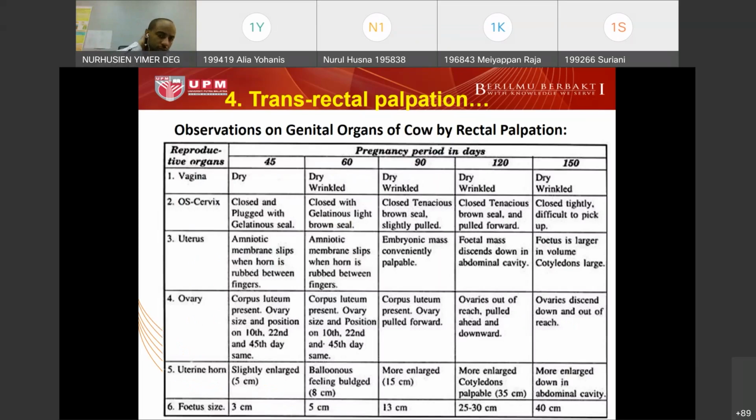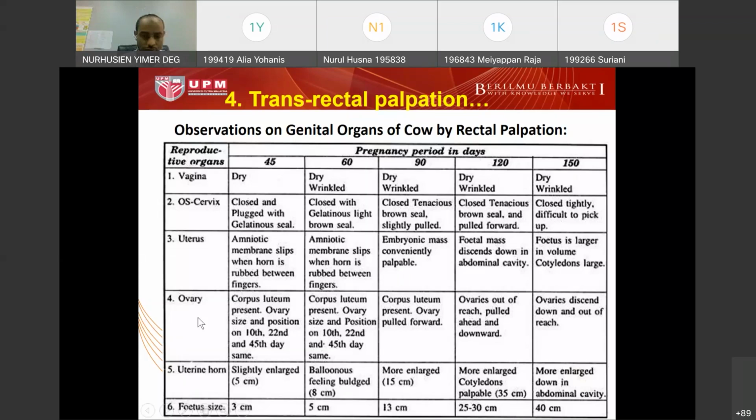So this is a table which will give you an idea what will happen to the various parts of the reproductive tract at different stages of pregnancy until around 5 months of pregnancy. So I leave this to you to read it and understand. It is more or less what we have discussed so far, but in a summarized form, in a table form. So for the ovary, obviously what we expect basically is the presence of corpus luteum.